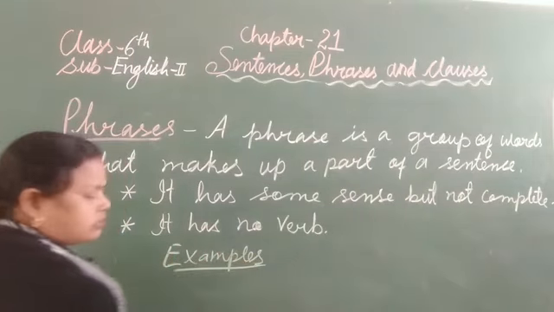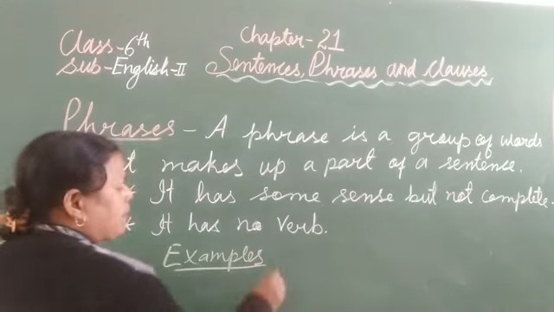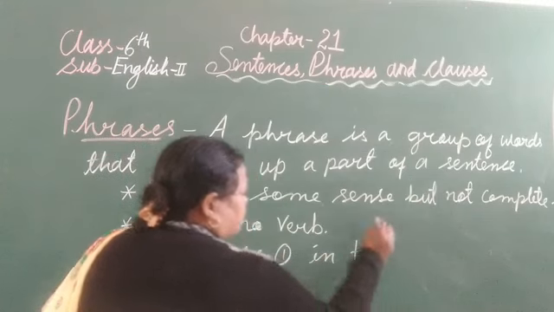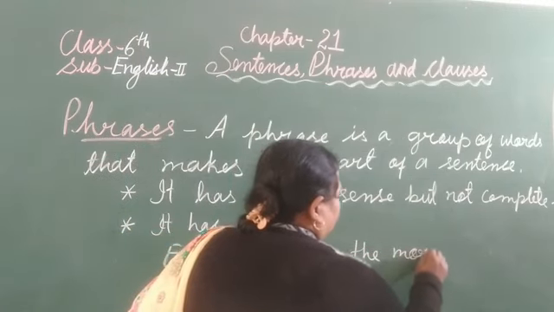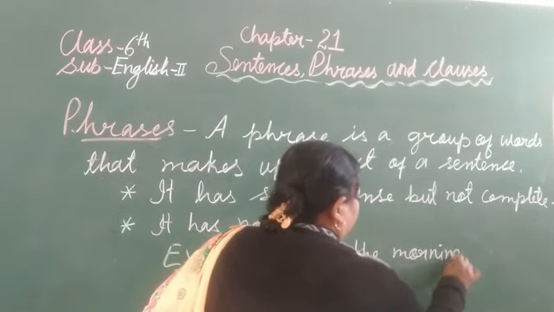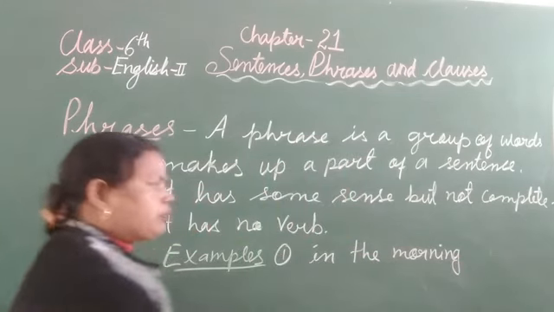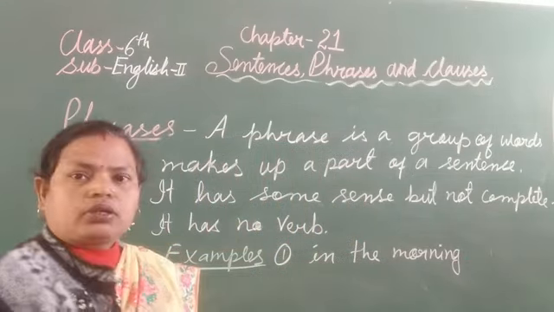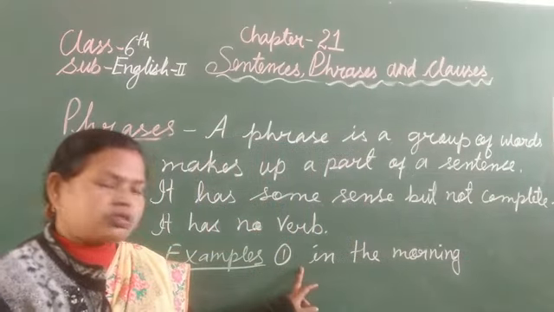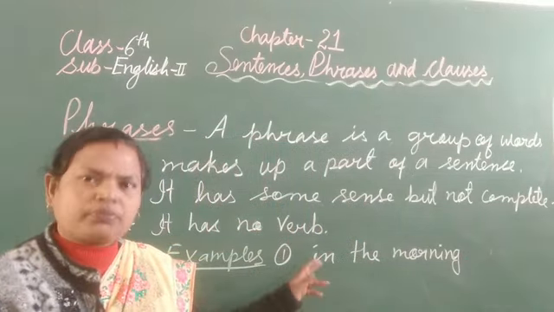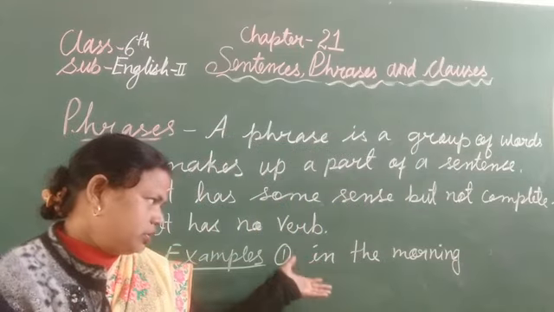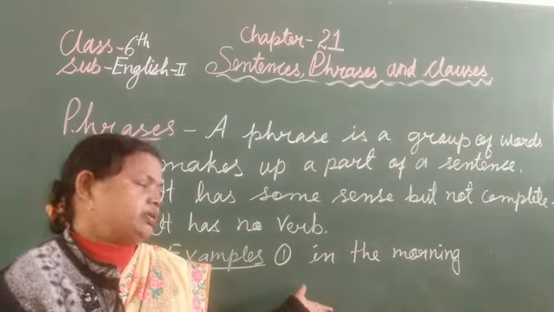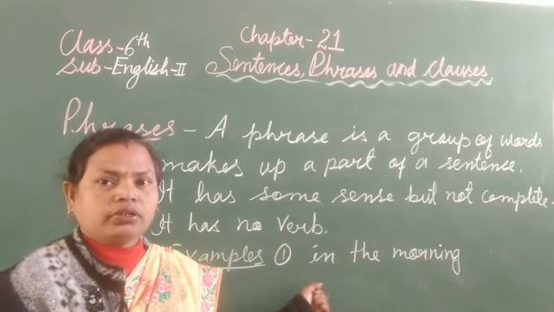Examples are, first, suppose, in the morning. There is no ending, do not use any punctuation mark. It starts with a small letter. Sometimes if it is used at the beginning of a sentence, it may be with a capital, but there is no ending.